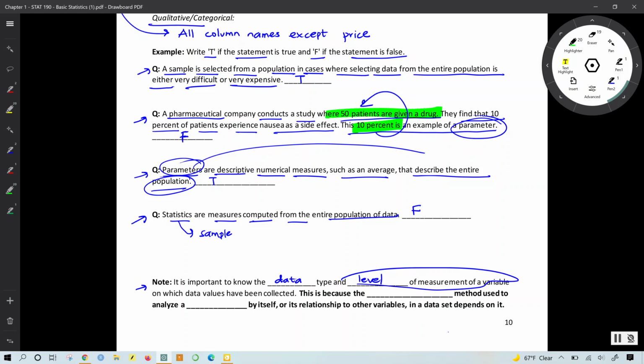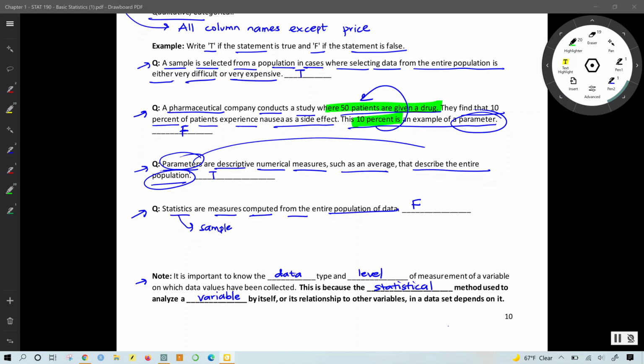In other words, it is important to know the data type and level of measurement of a variable on which data values are being collected, because the statistical method used to analyze a variable by itself or its relationship to other variables in a data set depends on it.